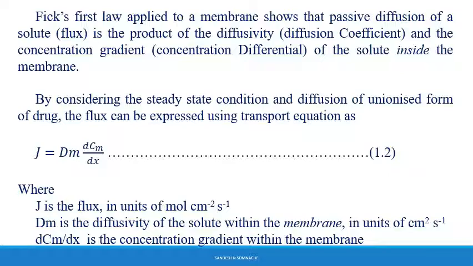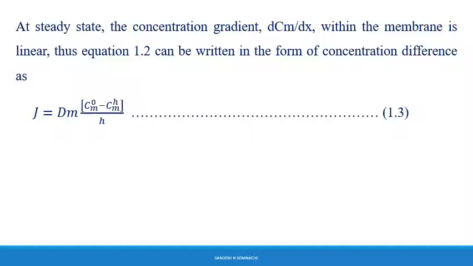At steady state, the concentration gradient, that is dCm upon dx, within the membrane is linear. We can rewrite it in the form of concentration difference, that is in terms of CM0 and CMH.